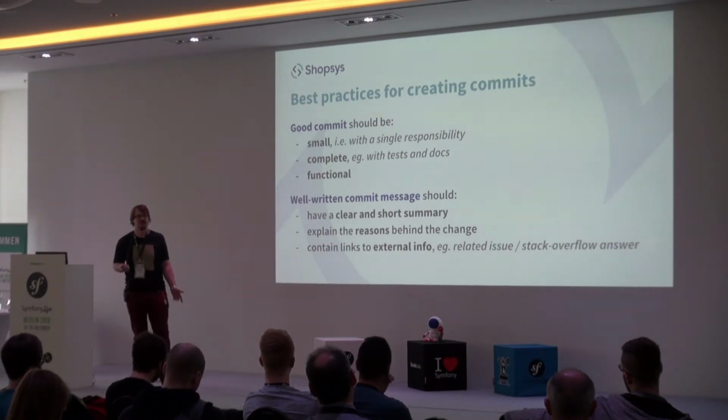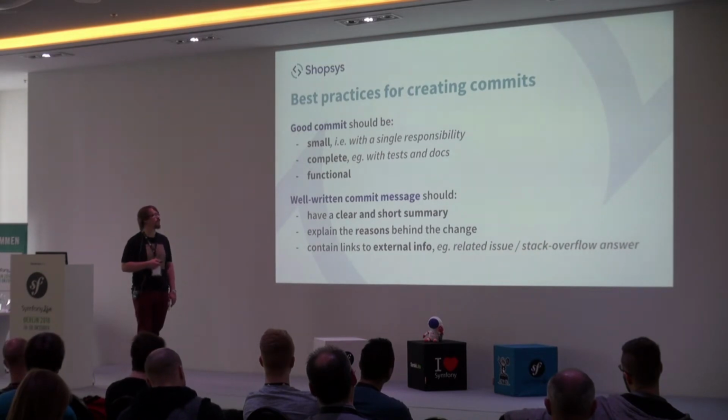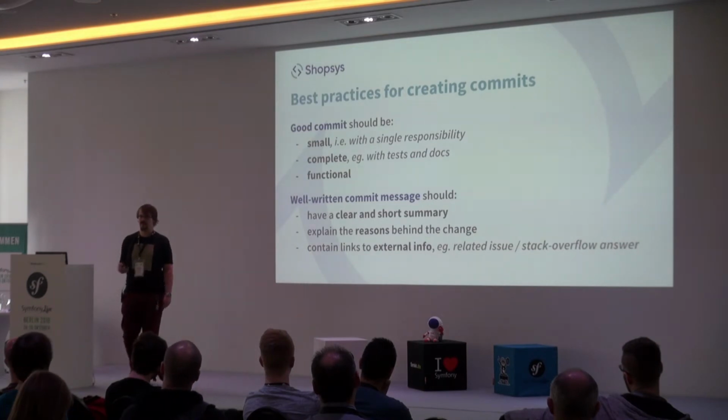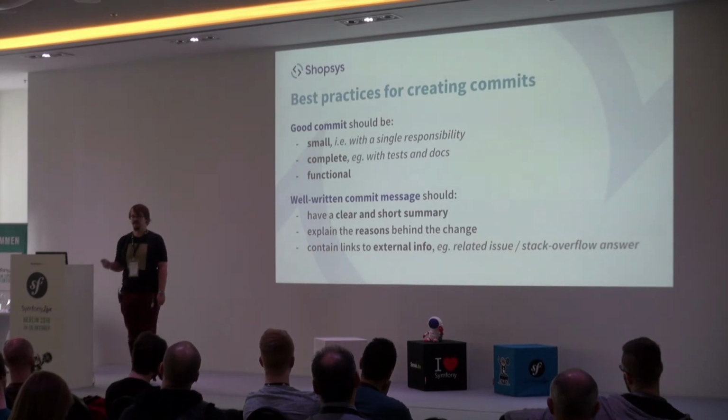There are exceptions to every rule, really. For example, when you're doing test-driven development, you would like to start with the test that fails on your continuous integration, then make it pass.